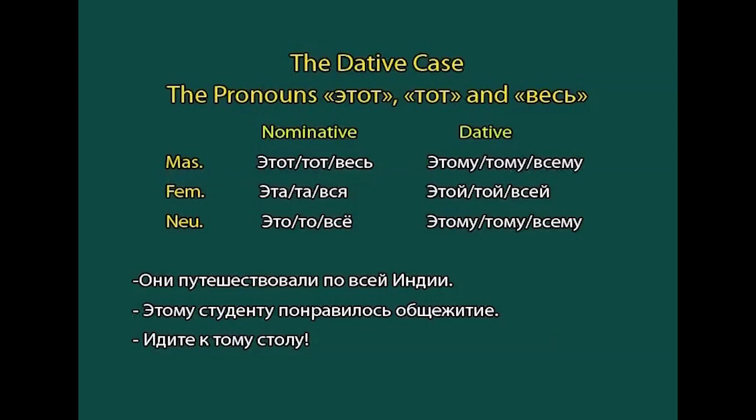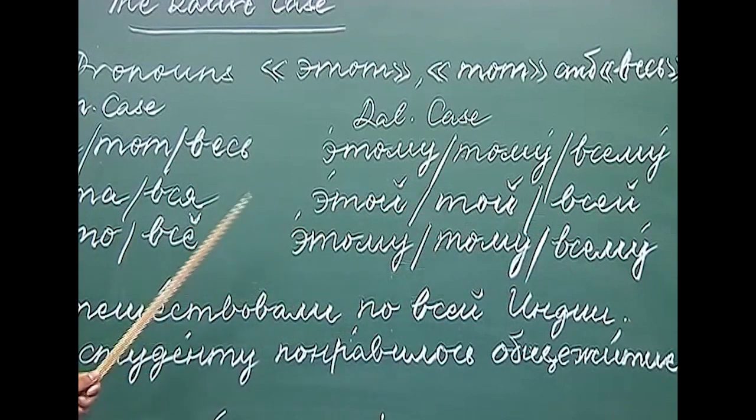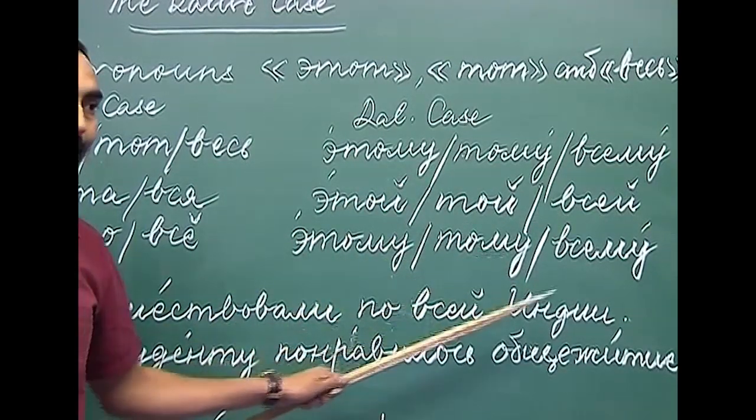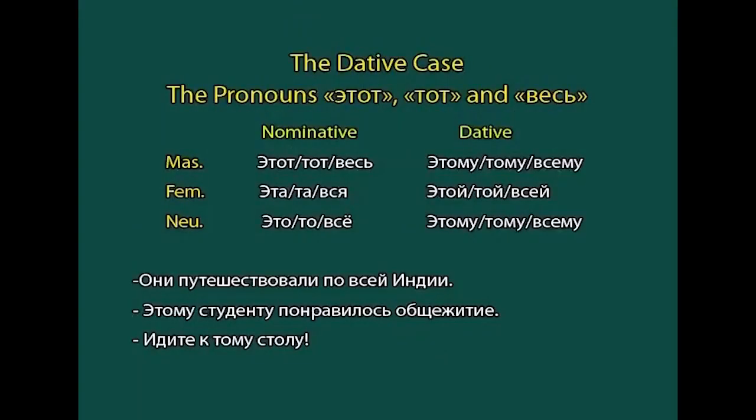The neuter forms это, то and всё change to этому, тому and всему. These are the forms used in the dative case.